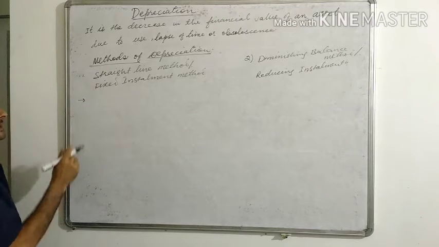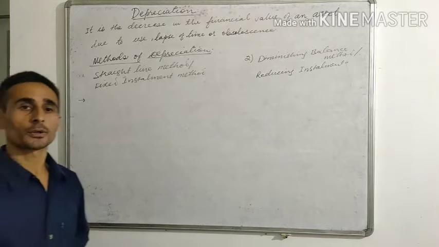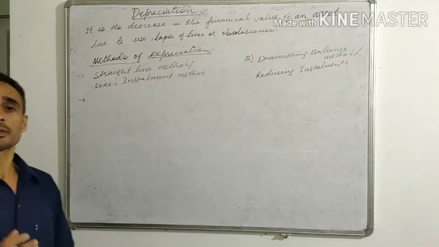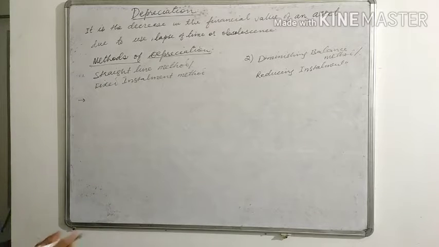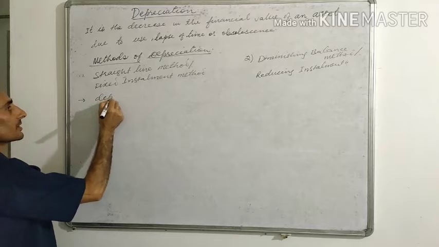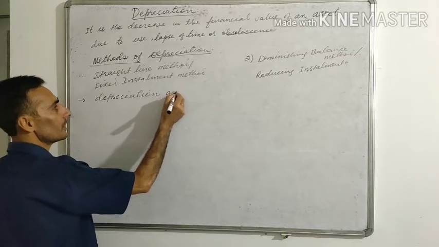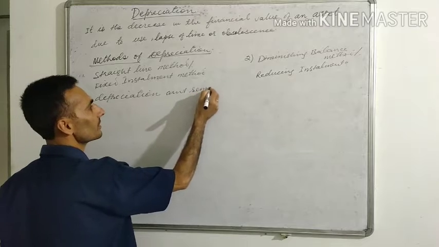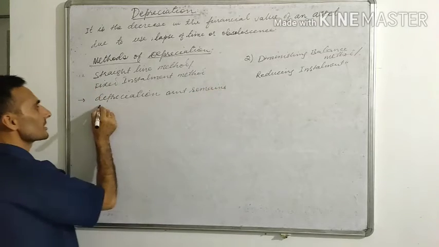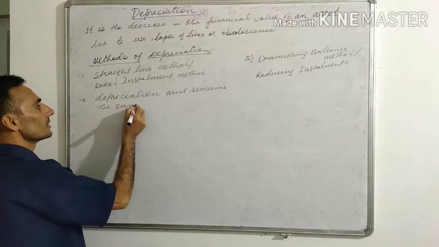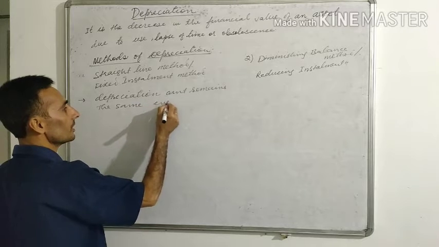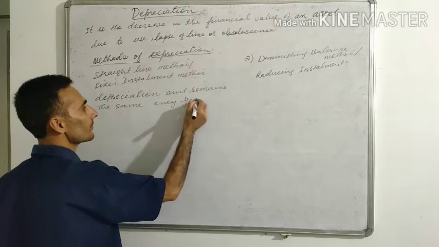Now it is a method of calculating depreciation where the amount of depreciation remains the same every year. Here the depreciation amount remains the same every year.